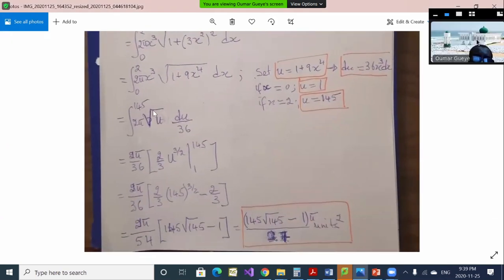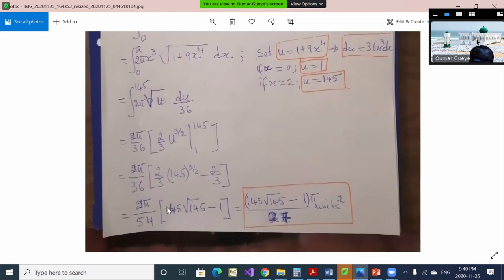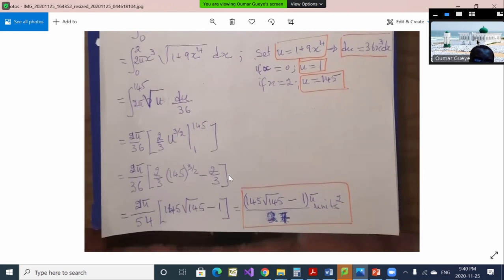So just keep in mind, as I said, root of u is u to the power half. You use the power rule for integral, it's going to be 2 by 3 u to the power 3 by 2. And by using the FTC, this bracket is obtained when you substitute u by 145. And the second term, you just substitute u by 1. Okay. And I'm going to take 2 by 3 out because it's a common factor.